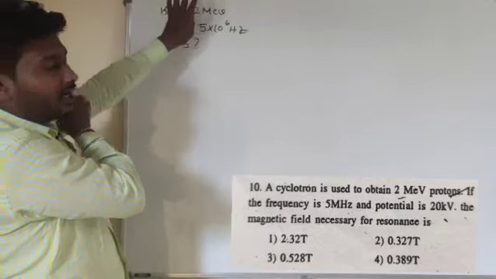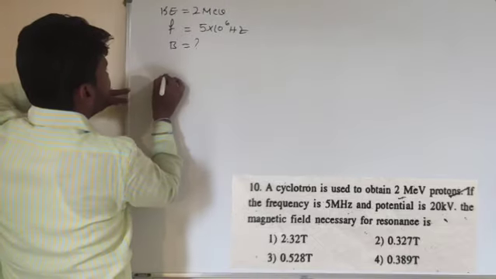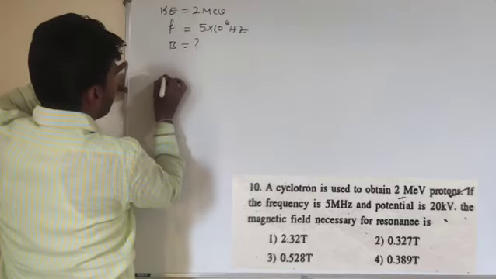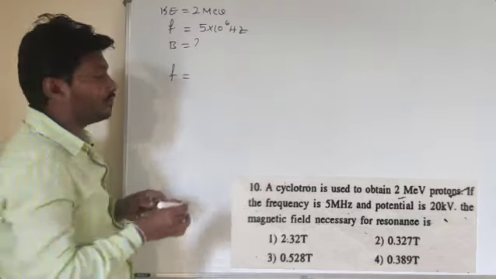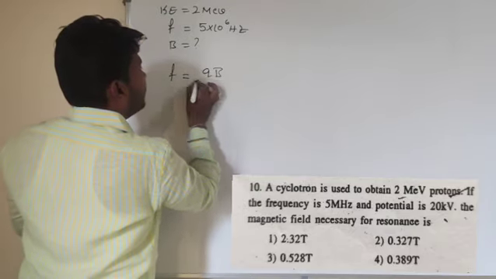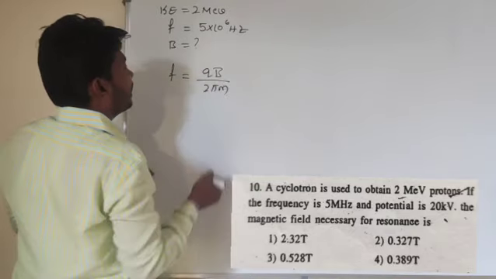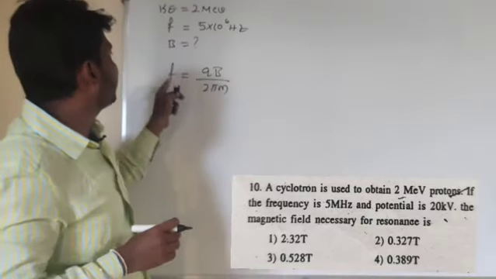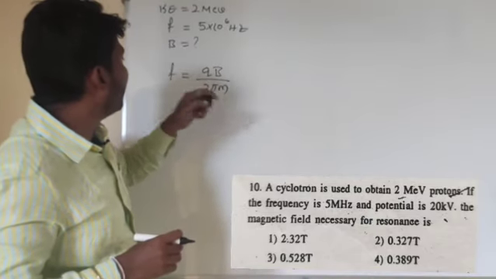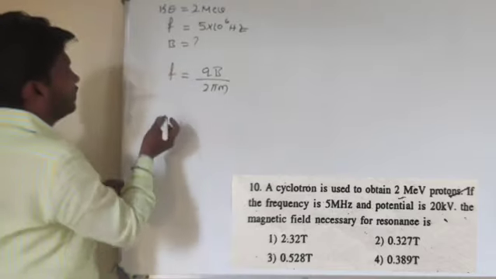Okay, so in order to get the magnetic field value, what is the connecting formula I can use here? For example, the frequency formula. So what's the value of frequency? Q into B divided by 2 pi into m here. So F is equal to Q into B divided by 2 pi m.